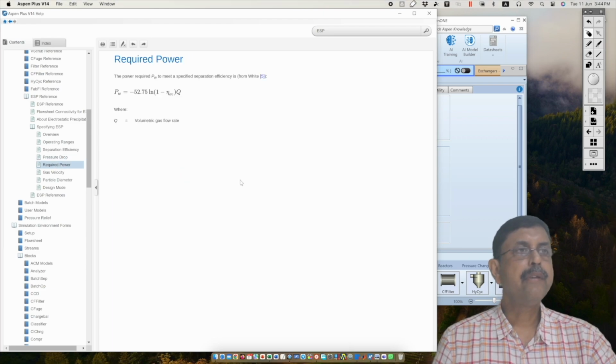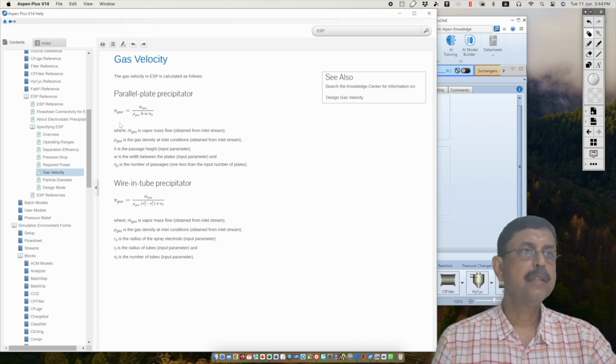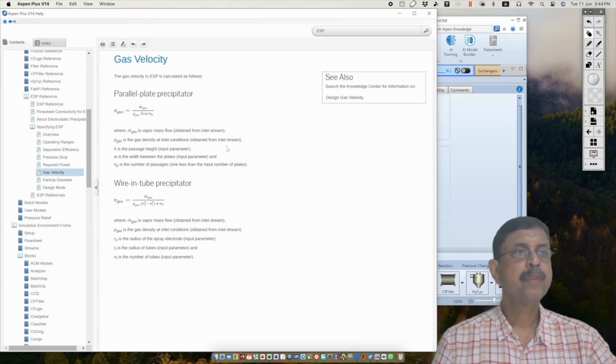And then the required power. For power, you need two pieces of information. One is the overall efficiency and another is the volumetric gas flow rate. The power can be calculated. And V gas, that is the gas flow, can be calculated by using the information of the vapor mass flow rate that is obtained from the inlet stream condition. Rho gas is also obtained from the inlet stream condition.